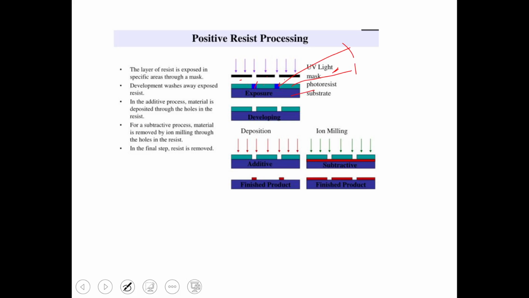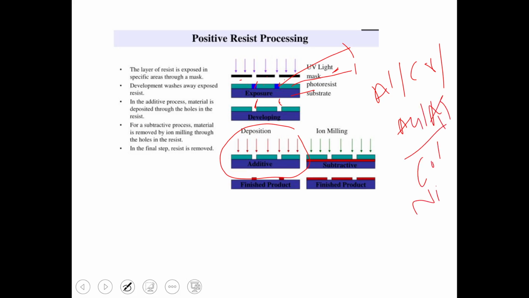When we expose the light, what will happen? It softens the exposed area, and then we have to remove this exposed part. Then we have to do the deposition, meaning whatever material you want to deposit, either aluminum, chrome, gold, silver, copper, or nickel. Whatever electrical contact material you want, you deposit that material as per your desired sensors.